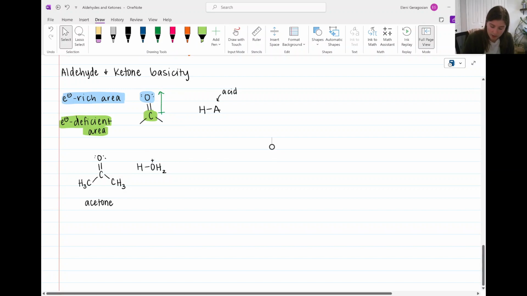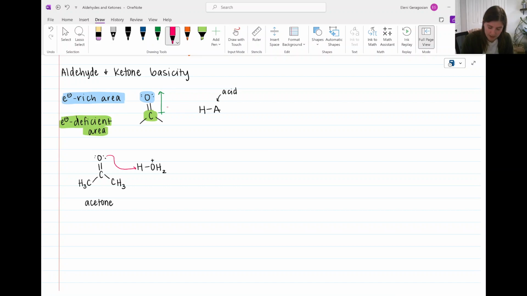Aldehydes and ketones are basic at the carbonyl oxygen, so the electrons there can create a new bond to the proton. We do a proton transfer reaction, a reversible reaction, where now we have a protonated oxygen.